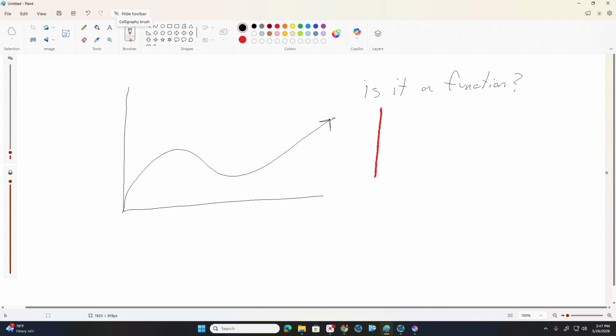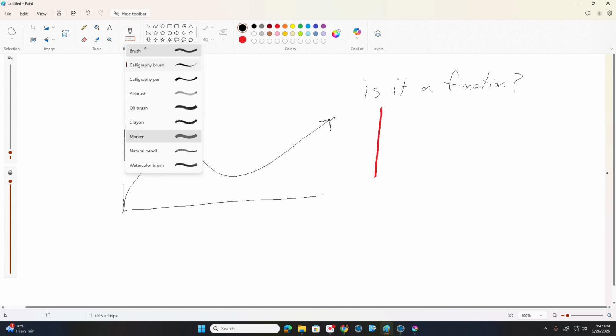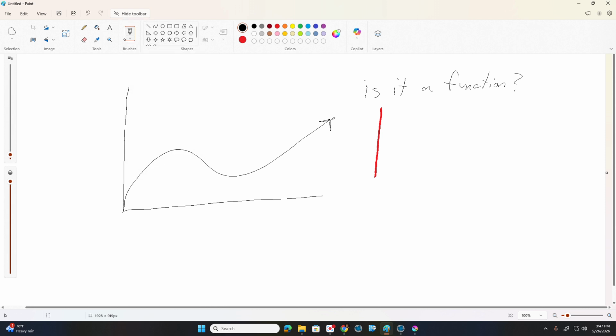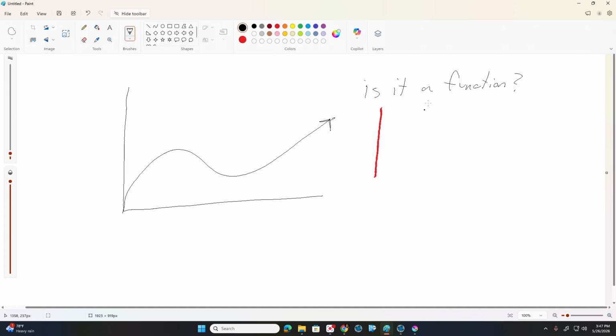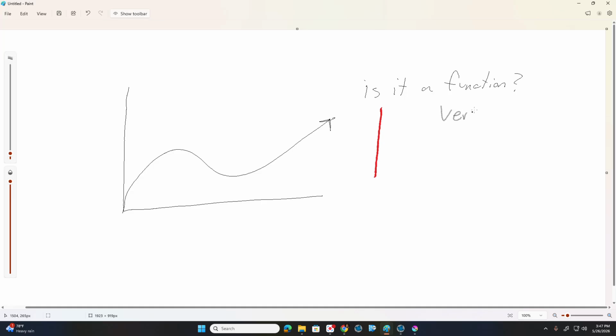Let's go back to just the brush. Actually, I think what we had before was the pencil. So there's something called the vertical line test, which is where I'm going to get real fancy with it, guys.